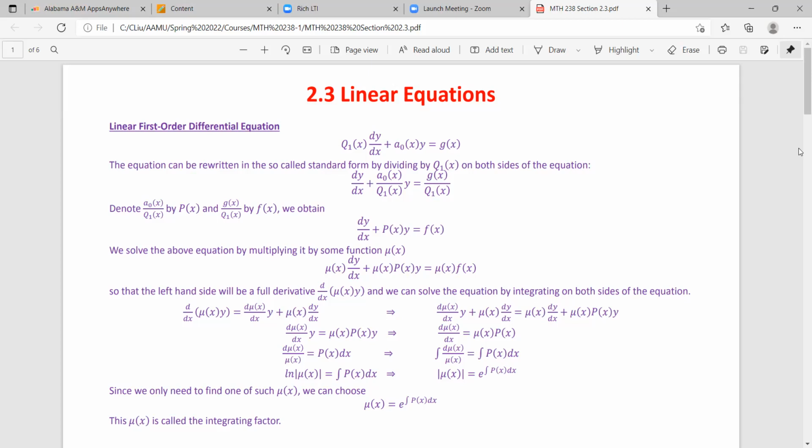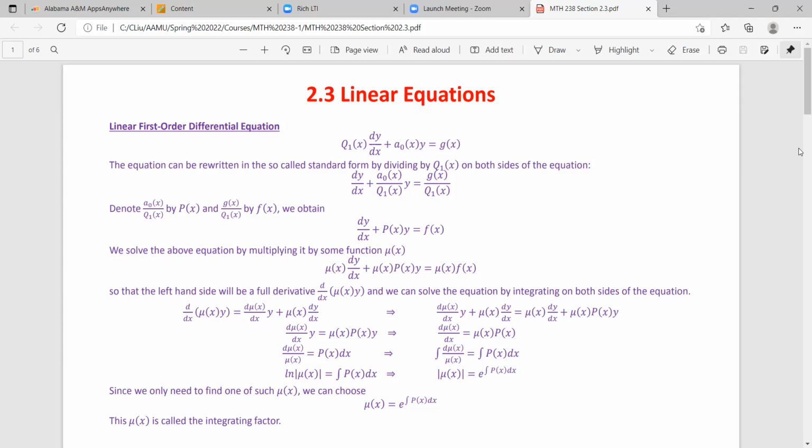So we have the equation dy over dx plus p(x) times y equal to f(x). Those functions p and f are arbitrary, just like the a1, a0, g. Those can be any functions of x.